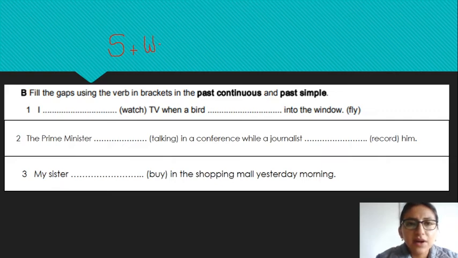The verb to be in past, we have was and were. Okay? What else? Very good. We have the gerund or the verb plus ing. Okay? This ing, which ending gives to the verbs?